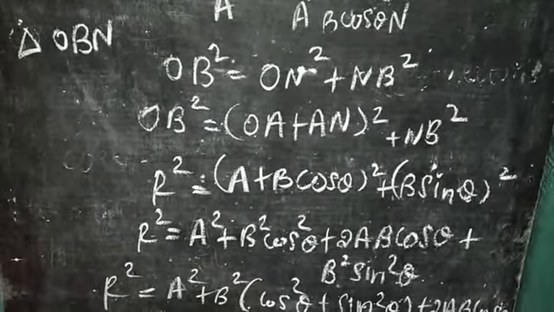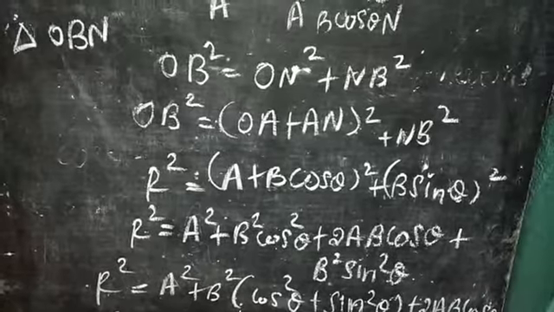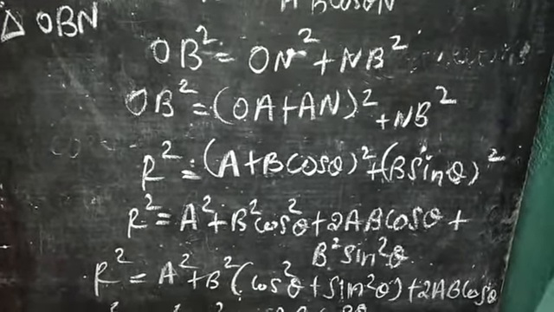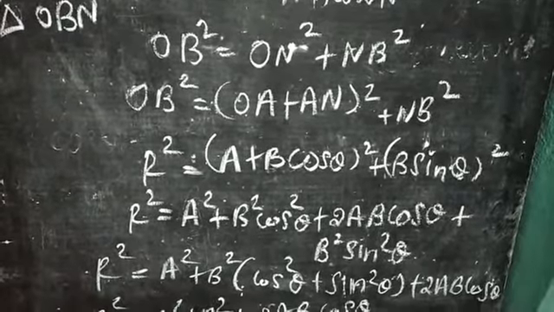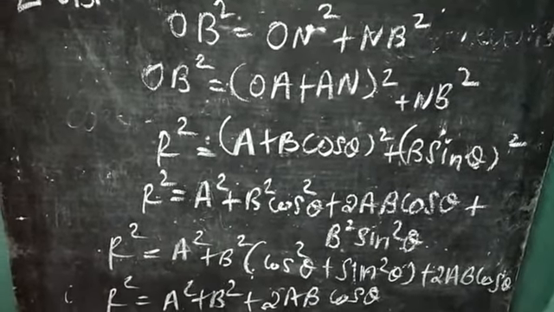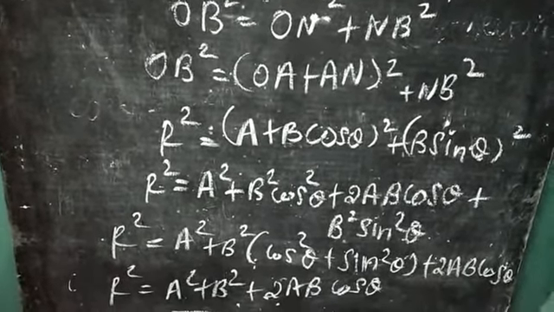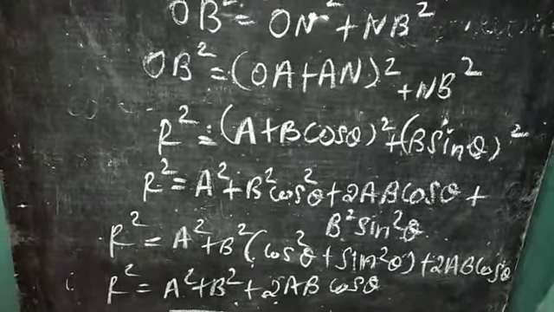Taking B square common outside the bracket, R square equals A square plus B square times cos square theta plus sin square theta plus 2AB cos theta.